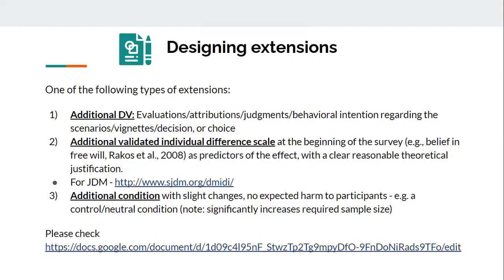If you want to know more, please click on the link yourself, and you may be able to find an individual difference scale that would be useful and maybe impactful for the replication.